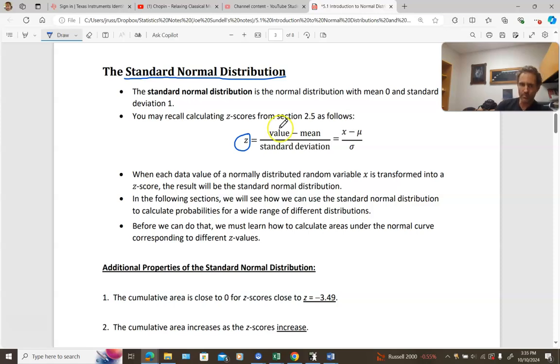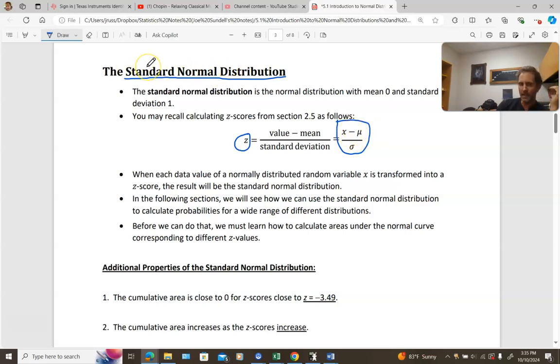So if the z-score is positive, it's going to be to the right of the mean, and if the z-score is negative, it's going to be to the left. So a z-score of 1 means that that particular value in that distribution is 1 standard deviation above the mean. Okay? And if you remember, this is the formula that we use to find it. Whatever the particular data value is, minus the mean of the distribution, divided by the standard deviation. Okay?